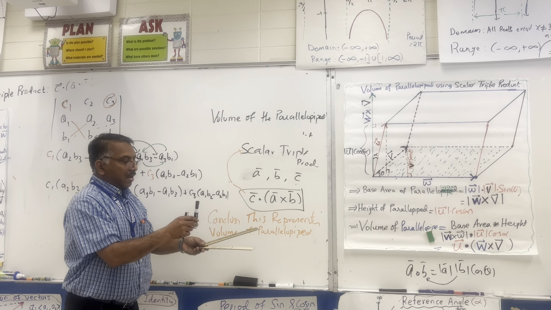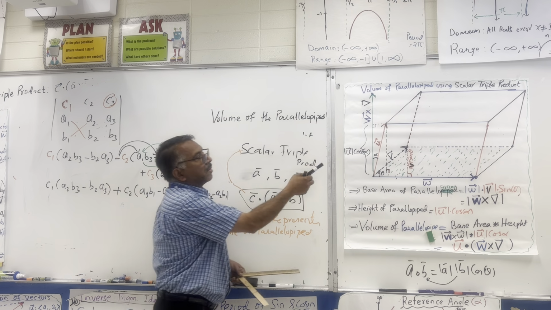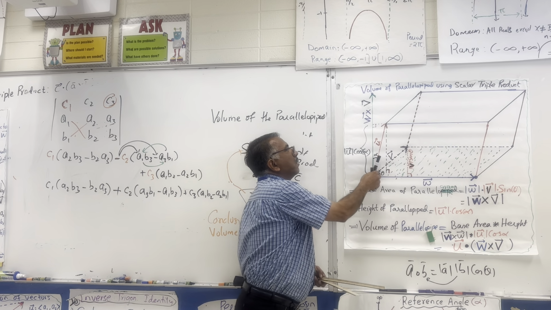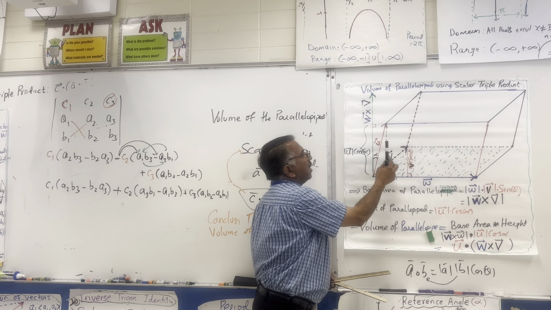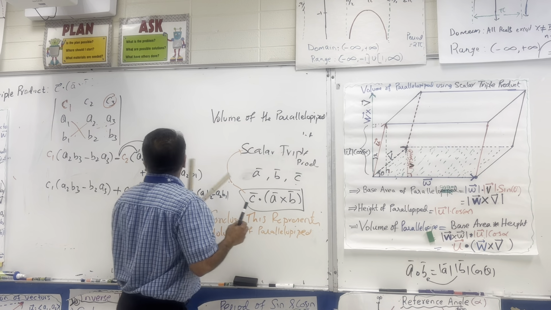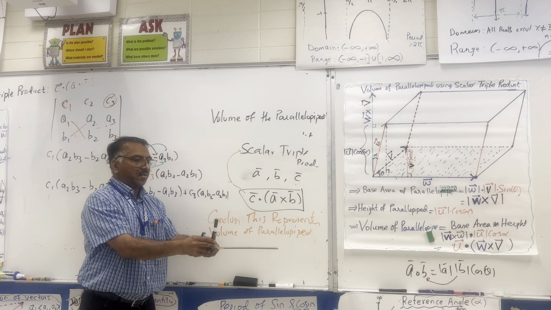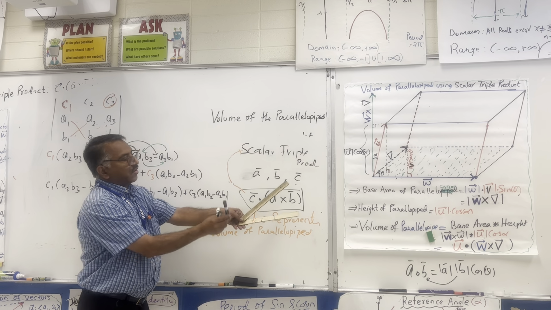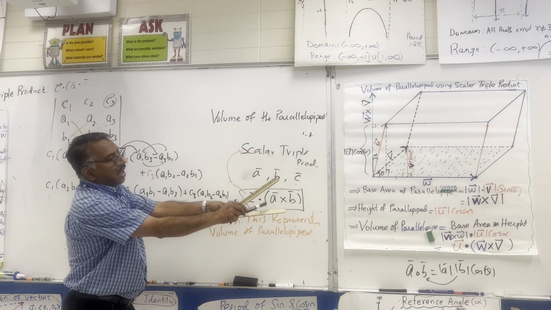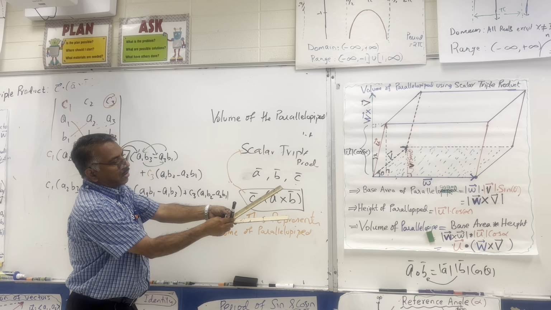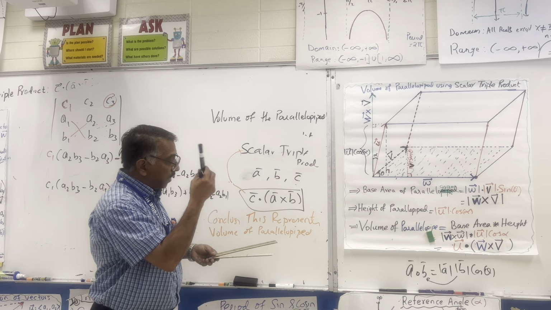Now remember this, you will have a parallelepiped only if this vector, in this case I use W, V, U, but here I use A, B, C. If this is C, and this vector is non-coplanar, so these two are on one plane and this is non-coplanar, you end up getting an actual volume.